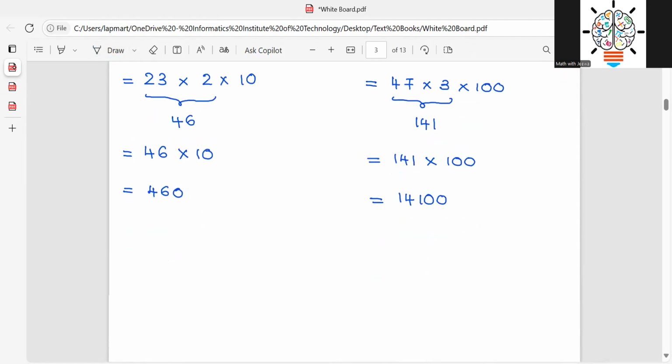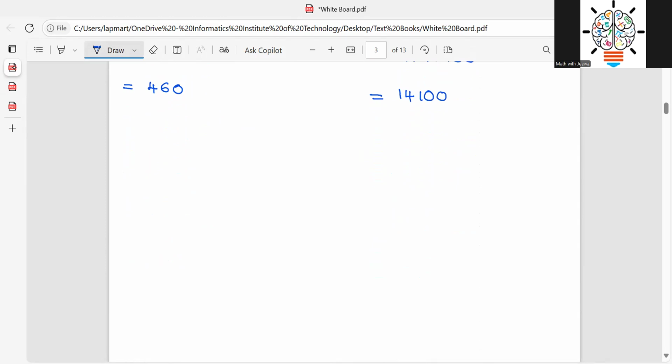I'll show you another example. So then let's say you had a 68 and you want to multiply this by 8,000. How I'm going to write this? 68 multiplied by 8 multiplied by 1000. So then you go to the working column and do the multiplication. 68 when you multiply by 8, it gives me 544.